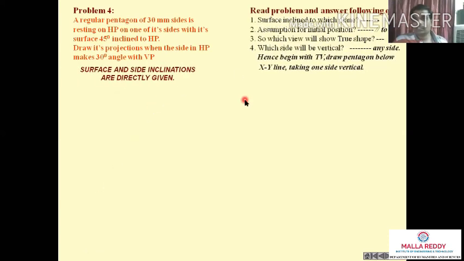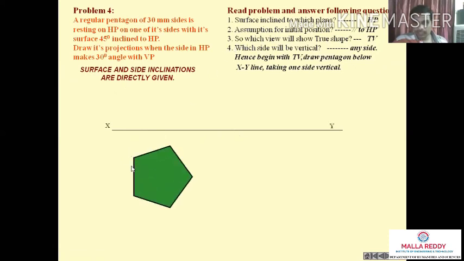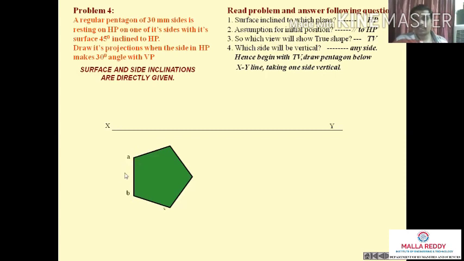So these are the steps for the problem. This is the XY line. The first step will be a pentagon. The edge of the pentagon will be on the left side, since he said that it is resting on HP on one of its sides. So this is the one side. Next, A, B, C, D, E.